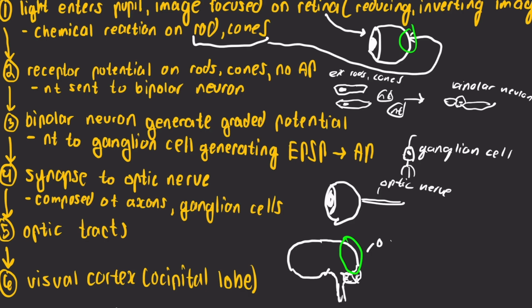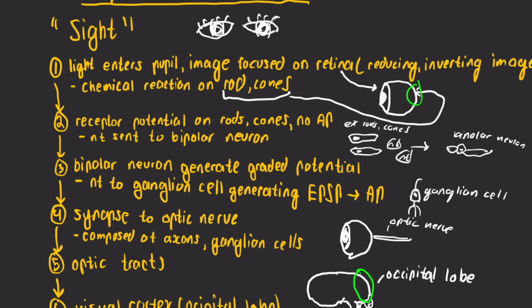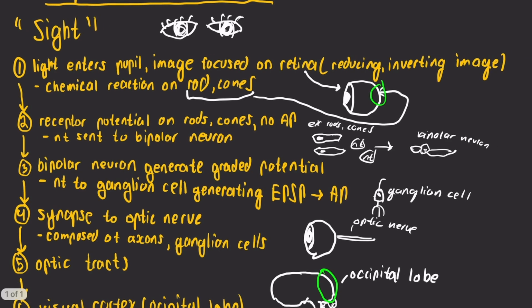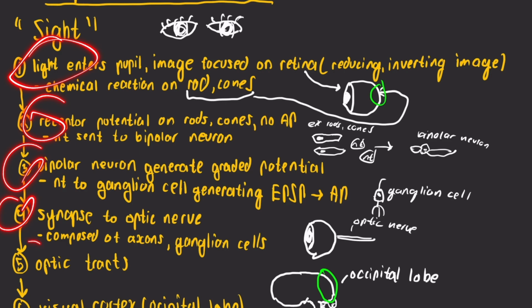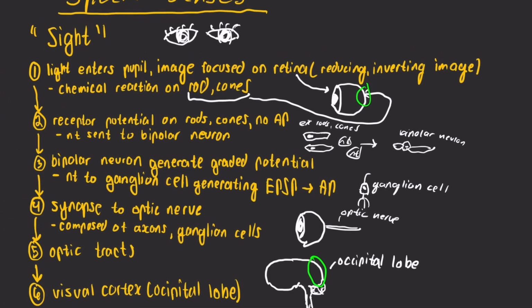The visual cortex is where the signal will eventually reach, in order to process this incoming image that we are seeing. Everything that we're seeing is technically just light, and that is what the occipital lobe will eventually process as it goes through all these various steps.